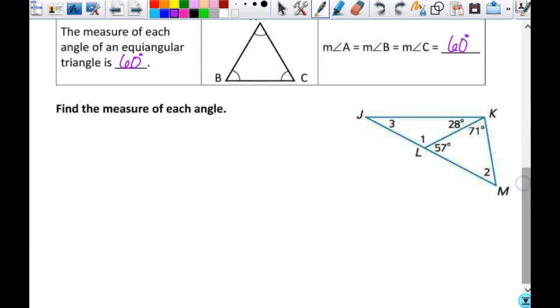Okay. So we're going to find the measure of each angle over here. Just because they're numbered 1, 2, and 3 doesn't mean we have to necessarily find them in that order, right? So which one do you want to find first? Well, Aiden was answering, and I don't know if y'all like peer pressure and he changed his mind.